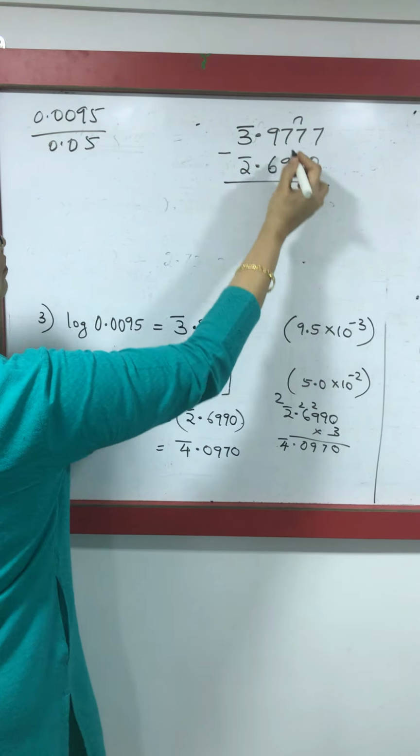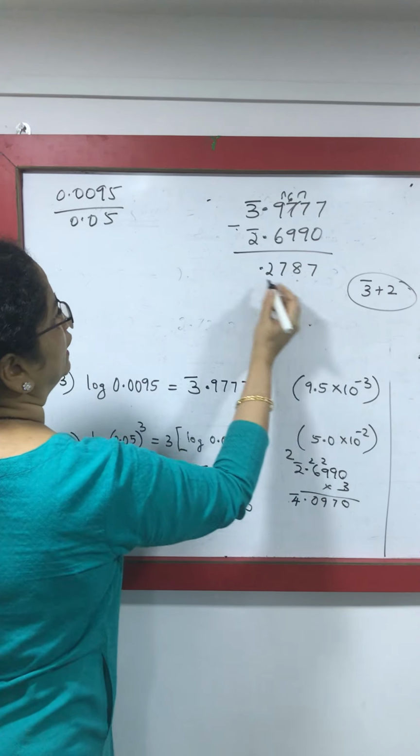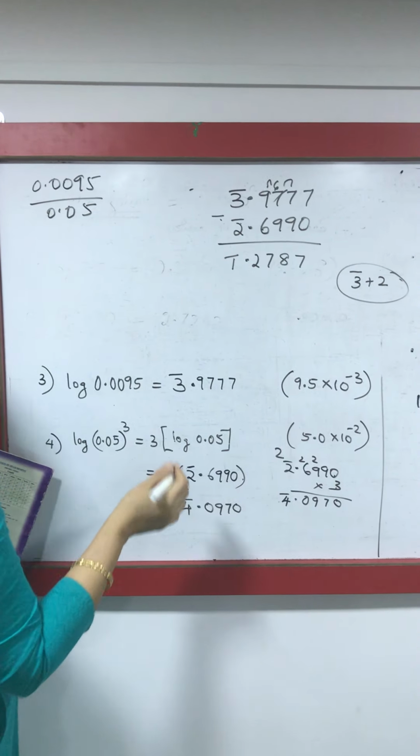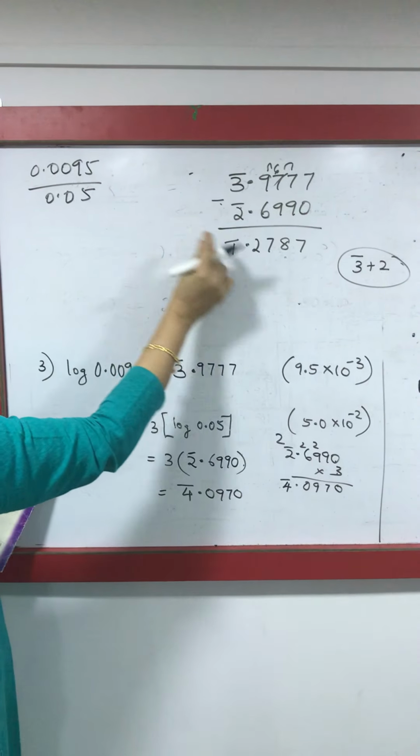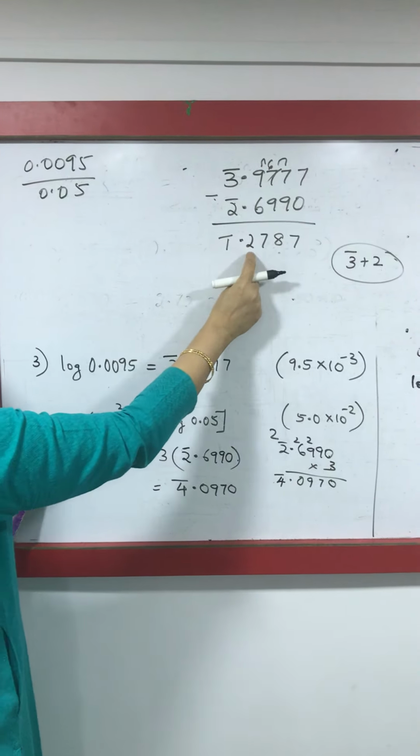So we subtract it. When it comes to this part here, this is bar 3. This is negative into negative plus 2. And when we solve this, it becomes bar 1. So when I solve this by logs, I will get this value. To write the answer, I take anti-log of this number.